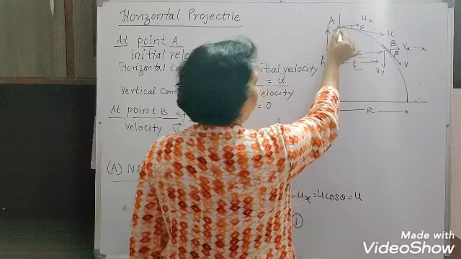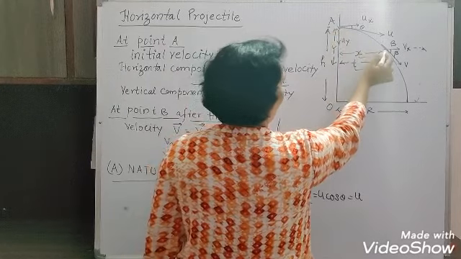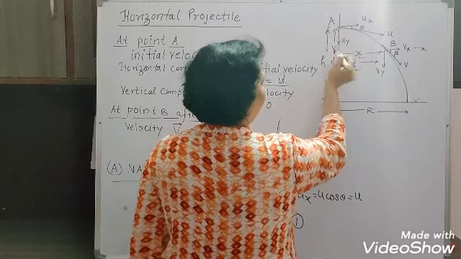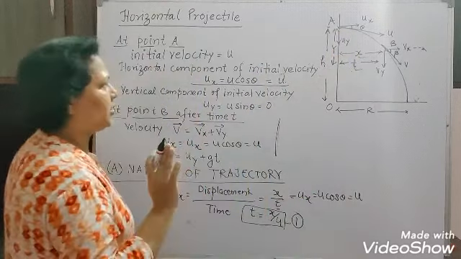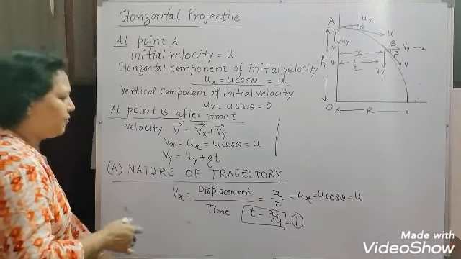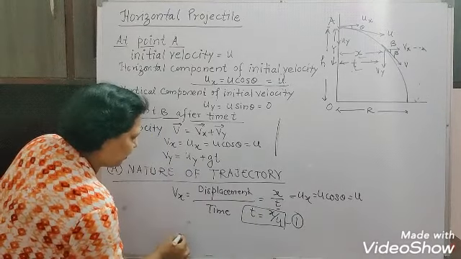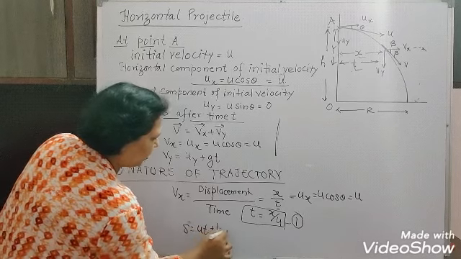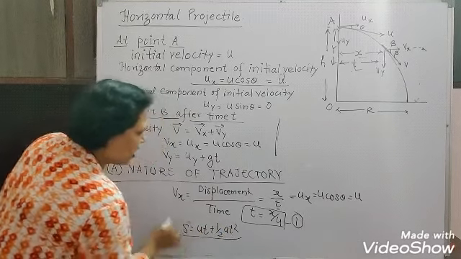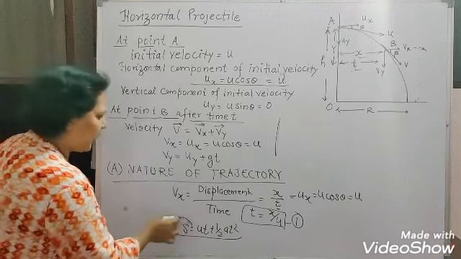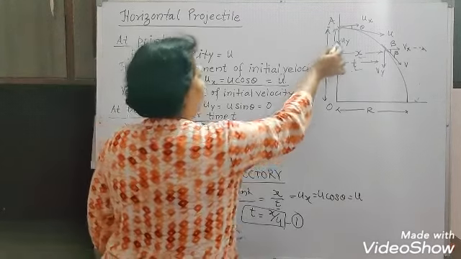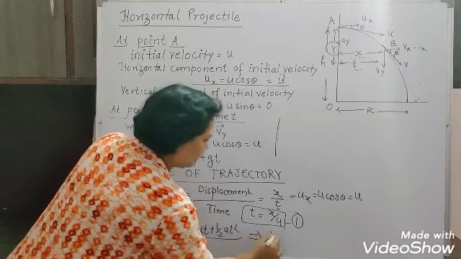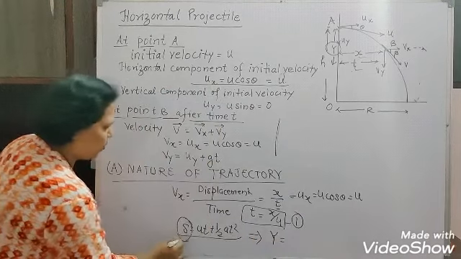It is initially at point A, now at point B after time t. So suppose the y displacement is there, that means we know the formula s equals ut plus half at square. By this formula, s is the vertical displacement we are taking here, so s is equal to y.